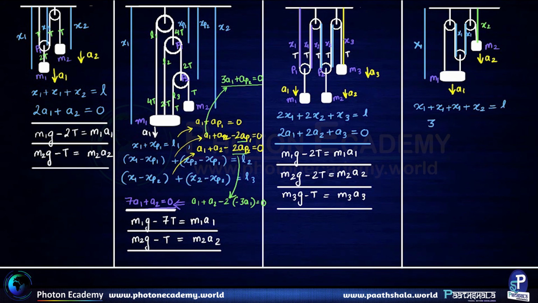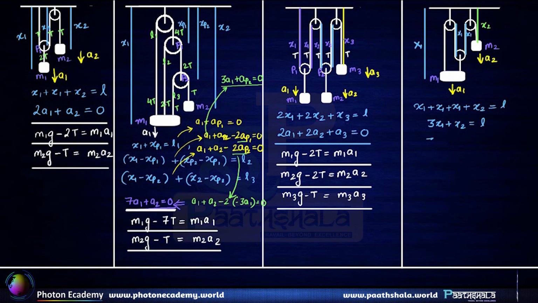So 3 times x1 plus x2 is equal to the length of the string L. On double differentiating, we get 3a1 plus a2 equal to 0. So this is one equation.